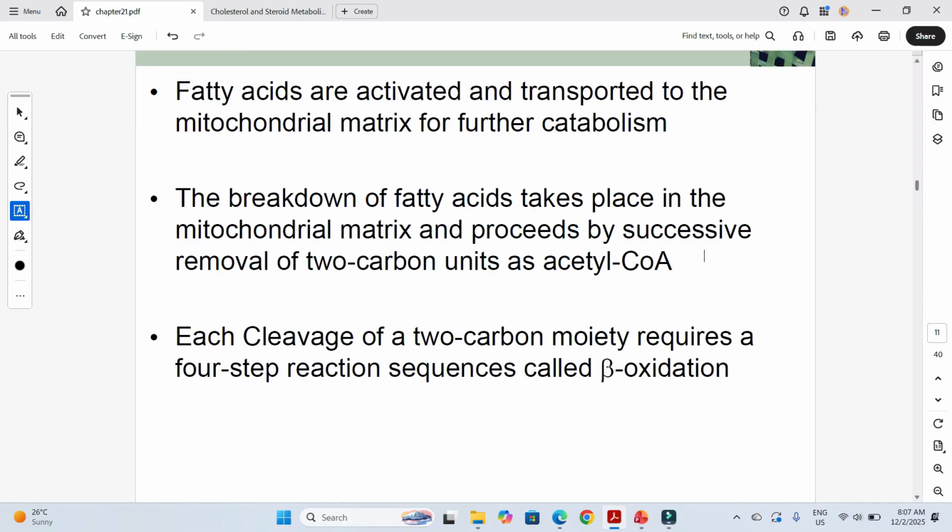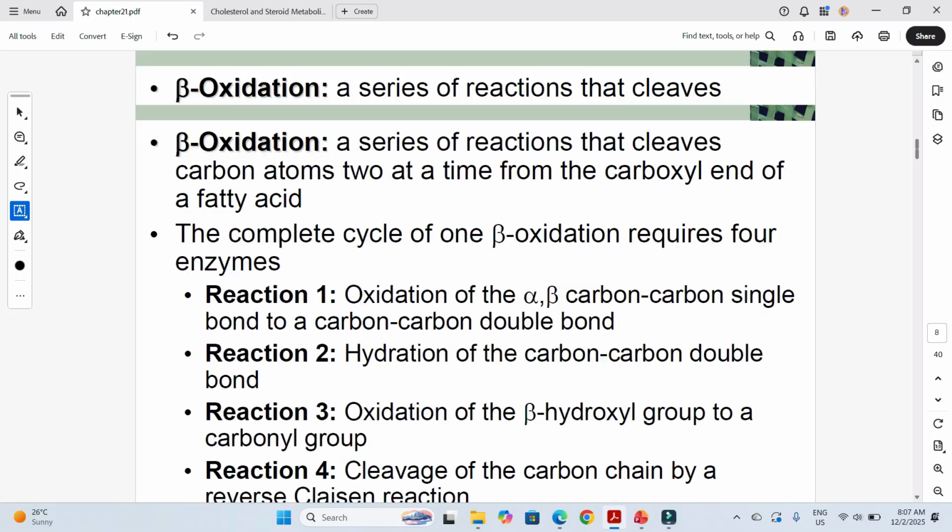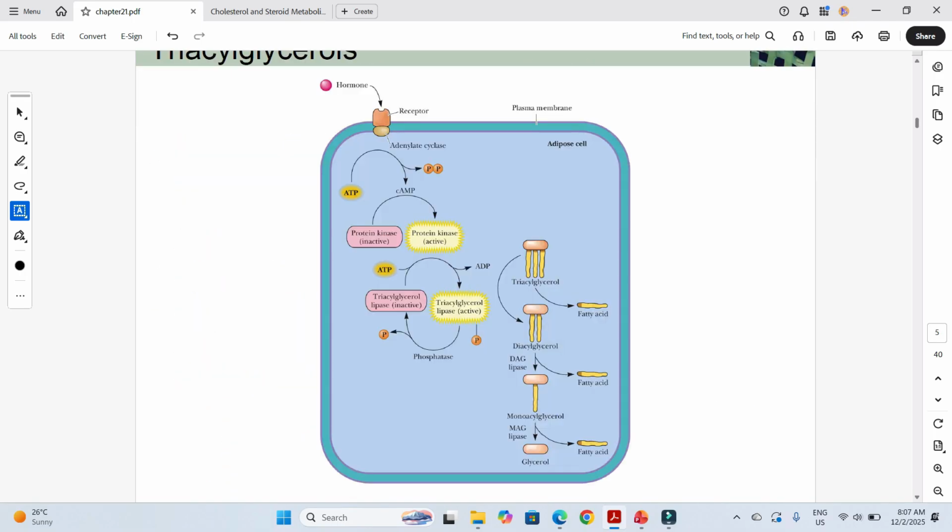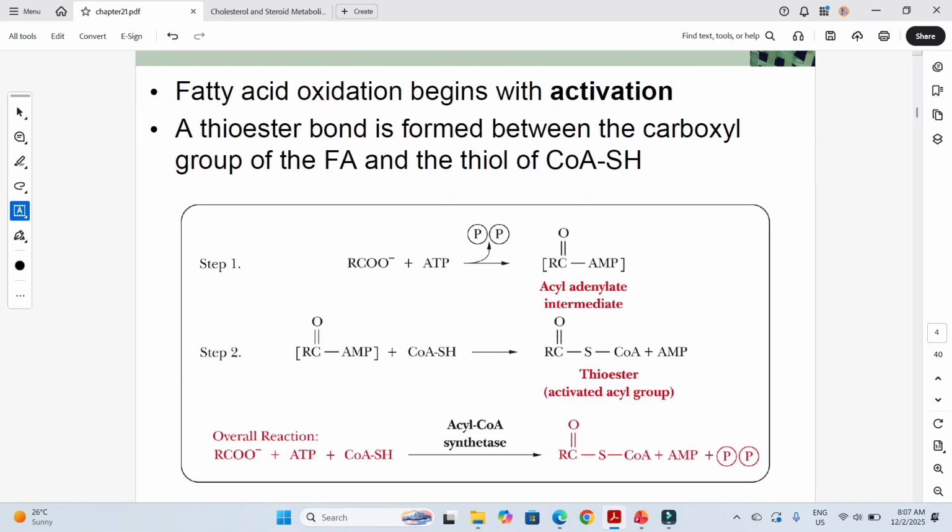Well, all right, let's go back to that diagram because I mentioned earlier that it's going to be consequential in our later discussion. So here, remember, this is the ATP molecule that I am talking about, reacted with the carboxylate to produce the fatty acyl adenylate intermediate. Now, the interesting thing here is that you produce a pyrophosphate. What did I mention about the pyrophosphate earlier? It's two phosphate groups that are linked to each other. Now this pyrophosphate is going to be hydrolyzed to two inorganic phosphates.